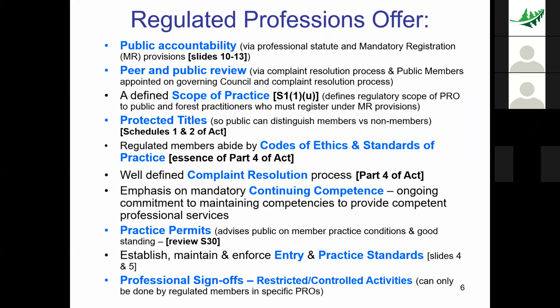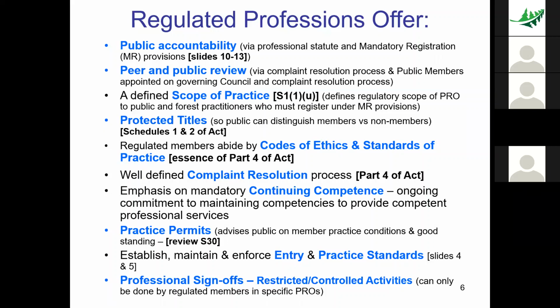We set a defined scope of practice, section 1 of the Act, 11U, and that's where we police mandatory registration provisions. Anybody working on provincial Crown land and doing anything under the scope of practice for forestry is required, if they're eligible, to register and be accountable to the public and the profession.